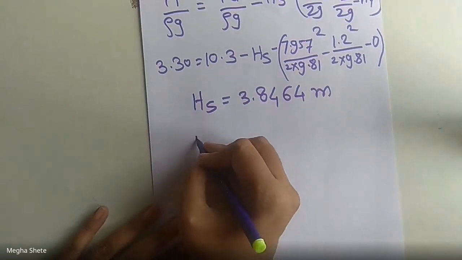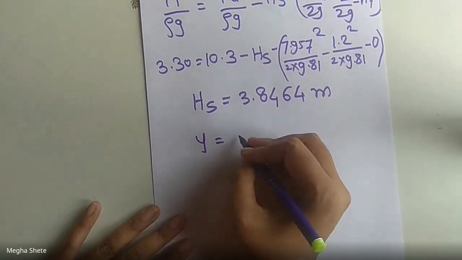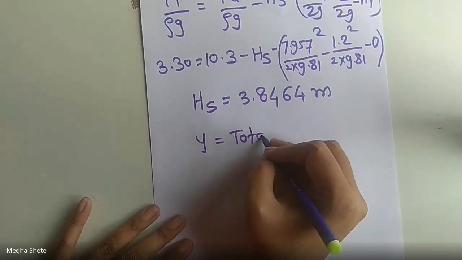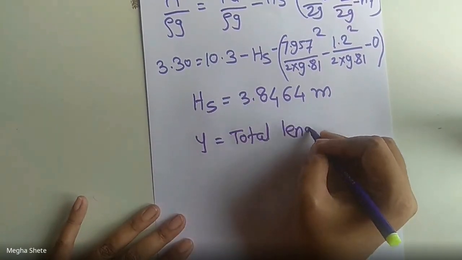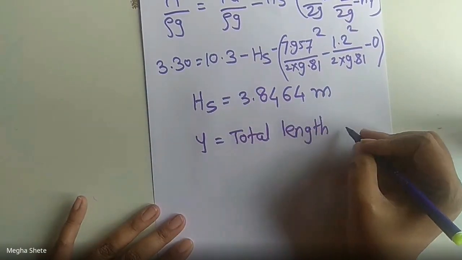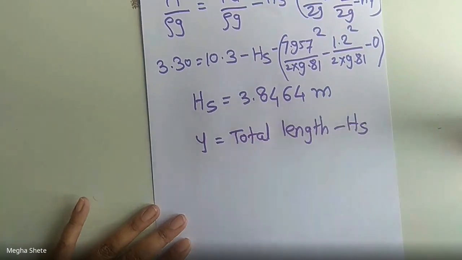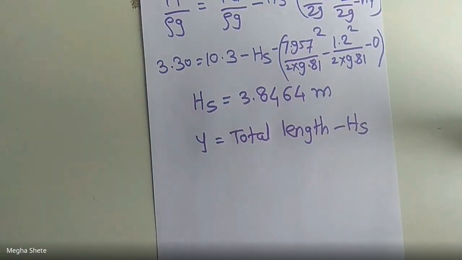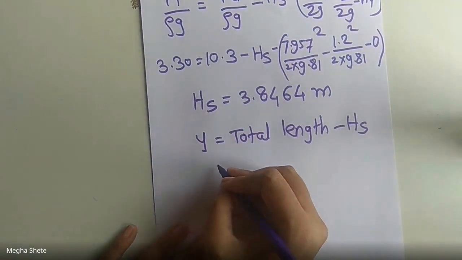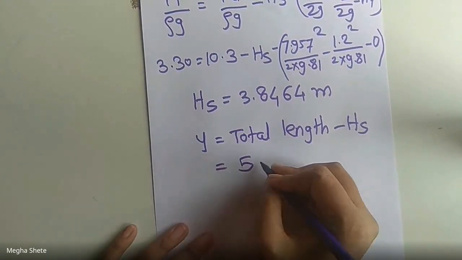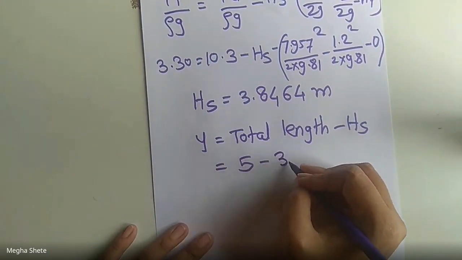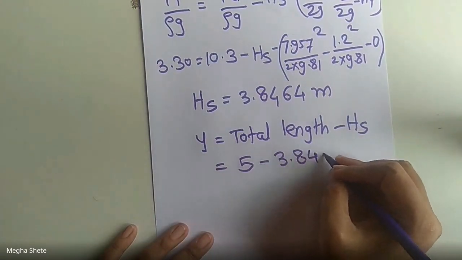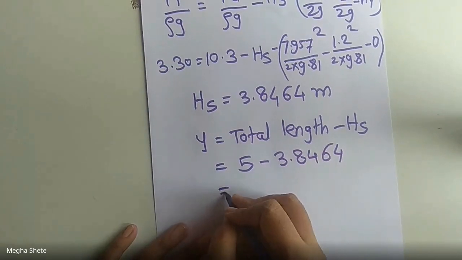Therefore, Y is equal to total length minus HS. Total length is given as 5 minus 3.8464.